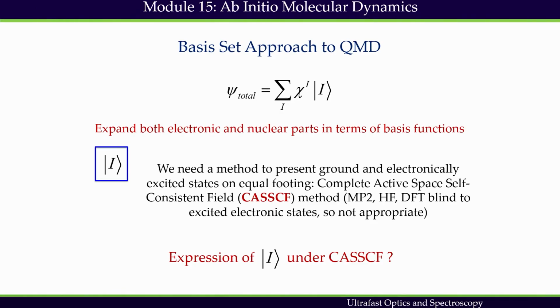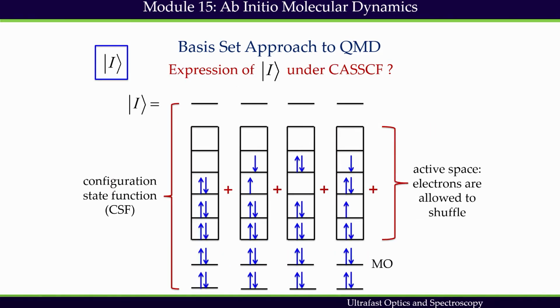This method is not like a single Slater determinant approach like MP2 or Hartree-Fock. In the CAS-SCF method, one can access electronically excited states because we include different configurations in the total electronic wave function. So we'll try to understand what this CAS-SCF approach means.